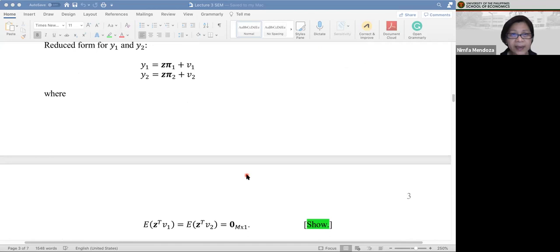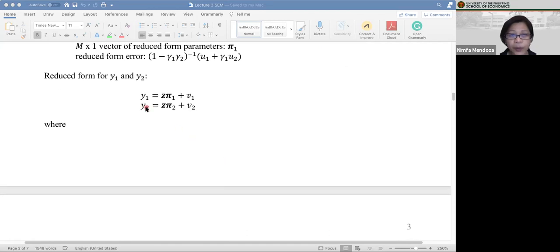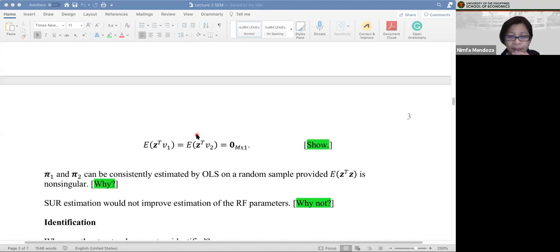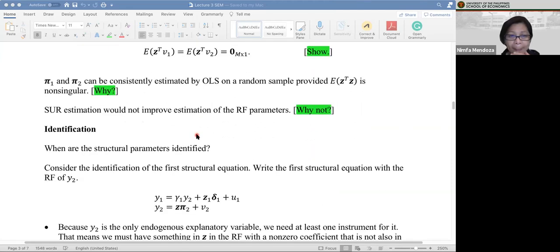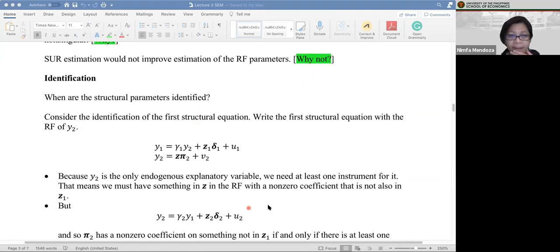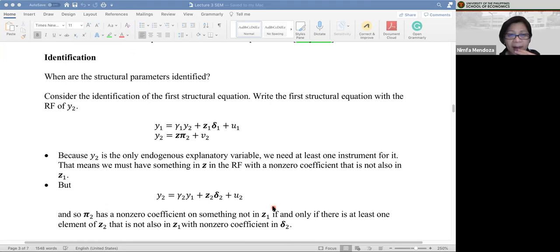You can see that here also, y sub 2 would be correlated with v sub 2, the disturbance term, but then v sub 2 would be a function of u sub 1 and u sub 2. Okay, so we need an instrument for y sub 2, the endogenous variable.